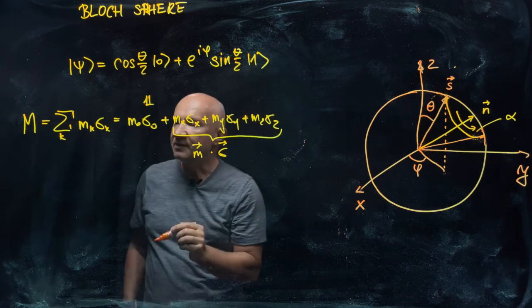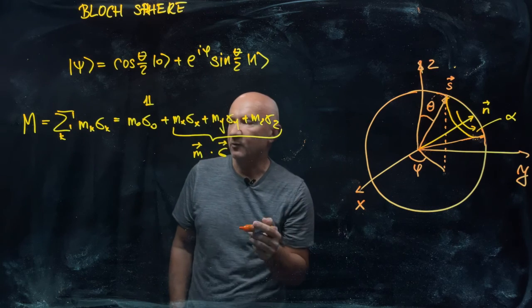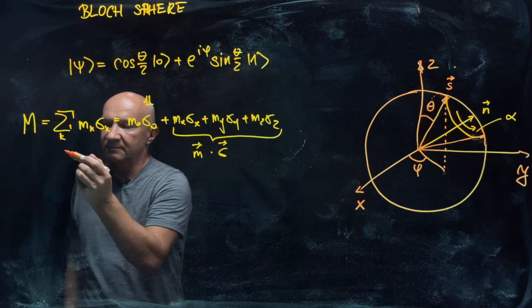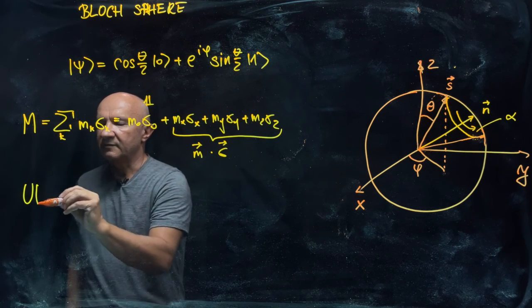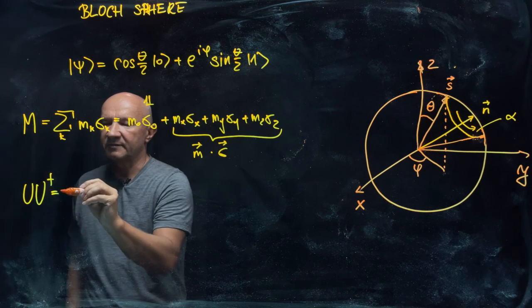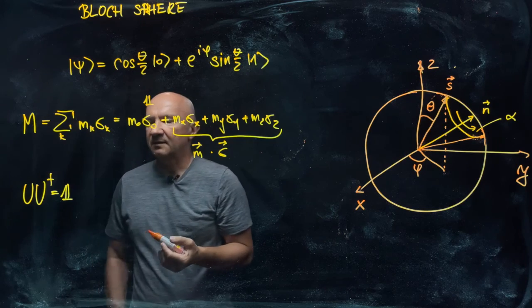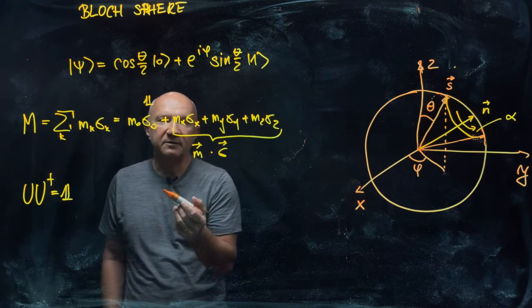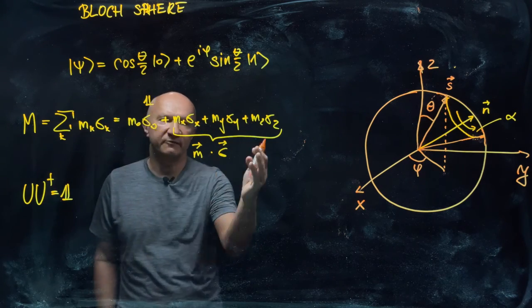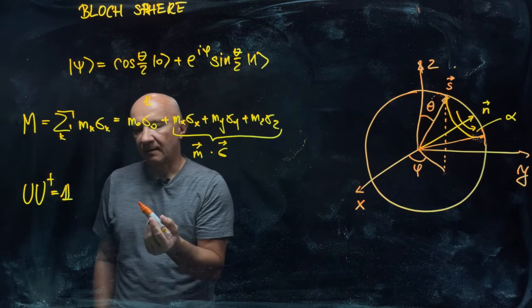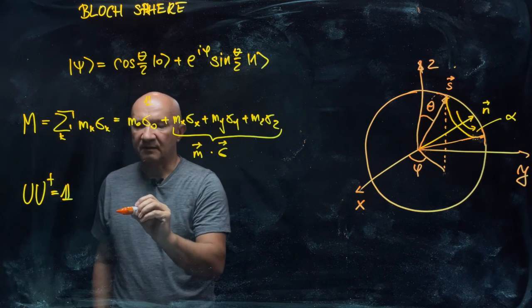Now, of course, a unitary operation is not just any operation. We define it by the condition that U times U dagger is equal to the identity. And if you take this into account, then you can write any unitary matrix using this kind of basis in the following way.